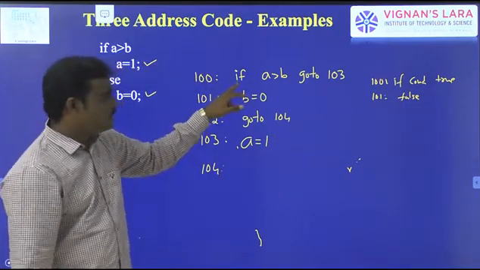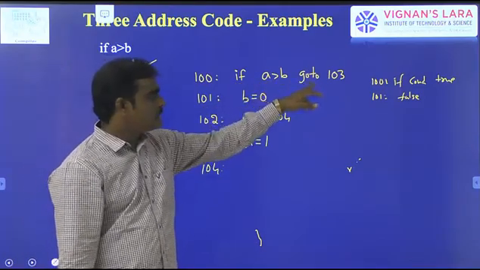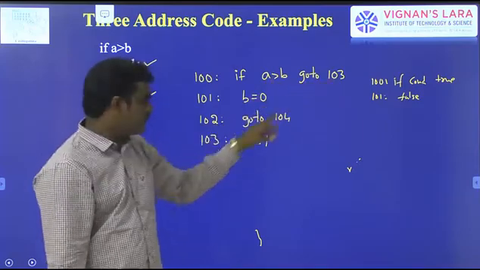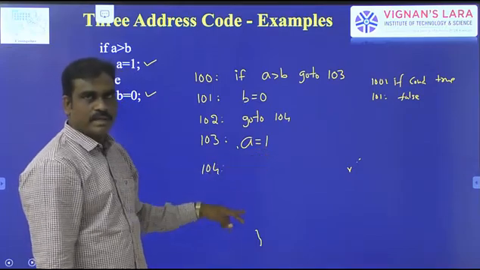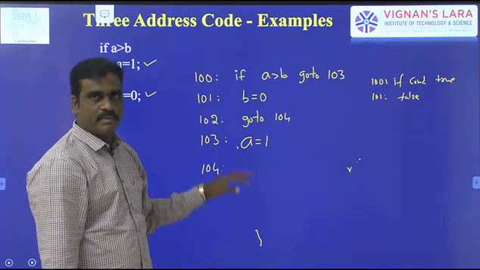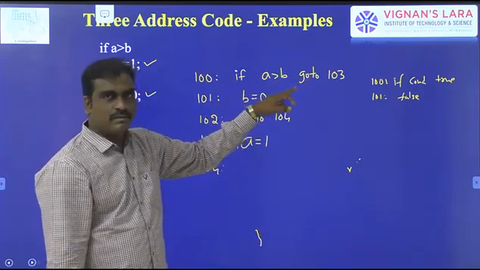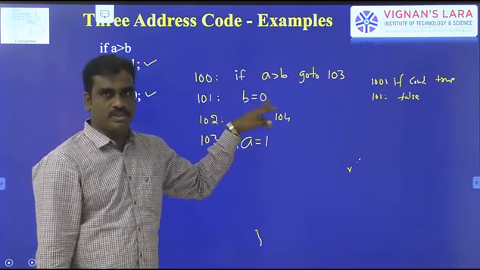Now check it. This is the true statement. If the condition is true, then go to 103. What is 103? The statement is A equal to 1 and then exit. Okay? 104 means there are no statements. Exit. Suppose if the condition is false, the immediately following statement will be executed, that is B equal to 0.